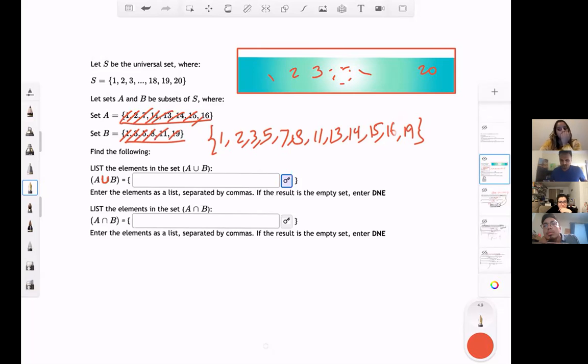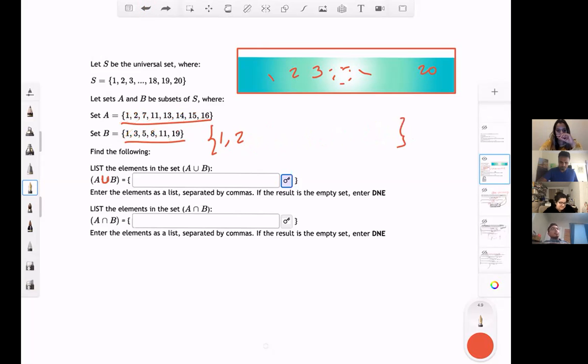So did you guys copy this? 1 and 11? So now I cannot read the number because I crossed them. So I'm going to go back. So intersection will be 1, they have, then we have 11.